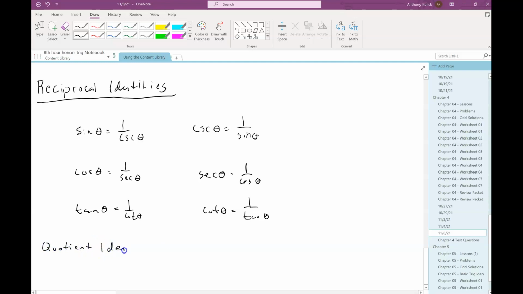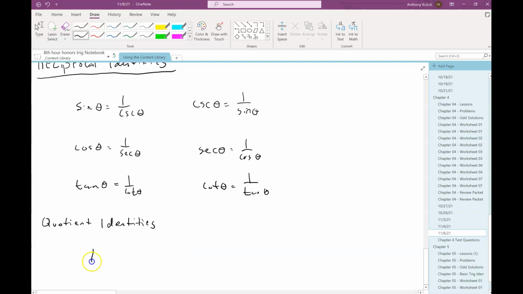We also have the quotient identities. So remember back when we talked about the unit circle, that tangent was equal to y over x. And on the unit circle, the y coordinate is sine, and the x coordinate is cosine.